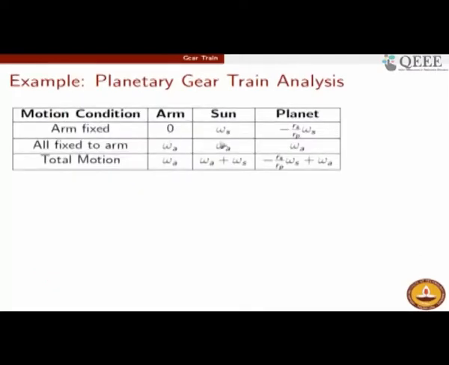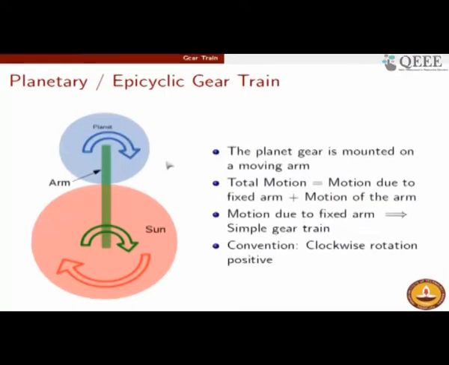When the arm is fixed and the sun has a velocity given by omega s, then the planet will have a velocity which is minus rs by rp into omega s. This is exactly the simple gear train formula, and the minus sign here takes care of the directions of rotation. These arrows are just indicated symbolically.